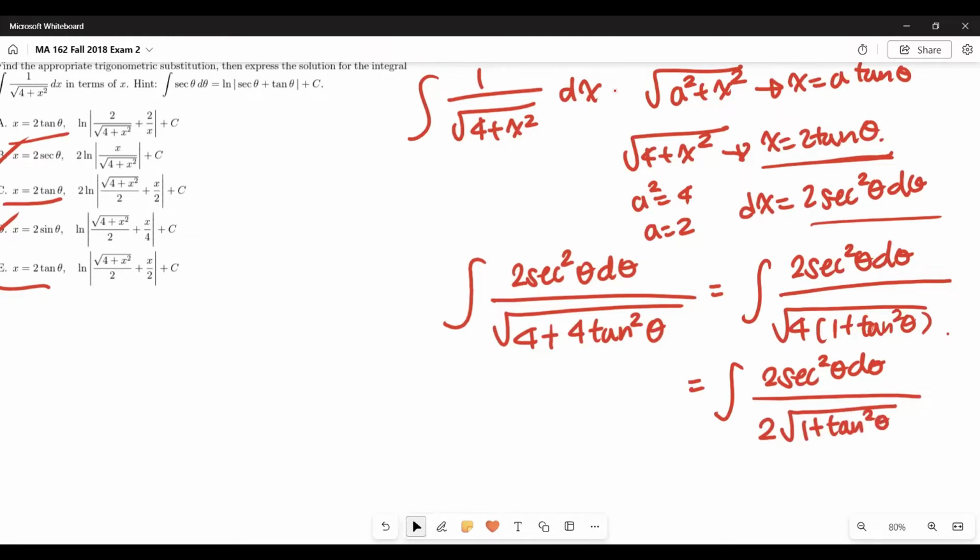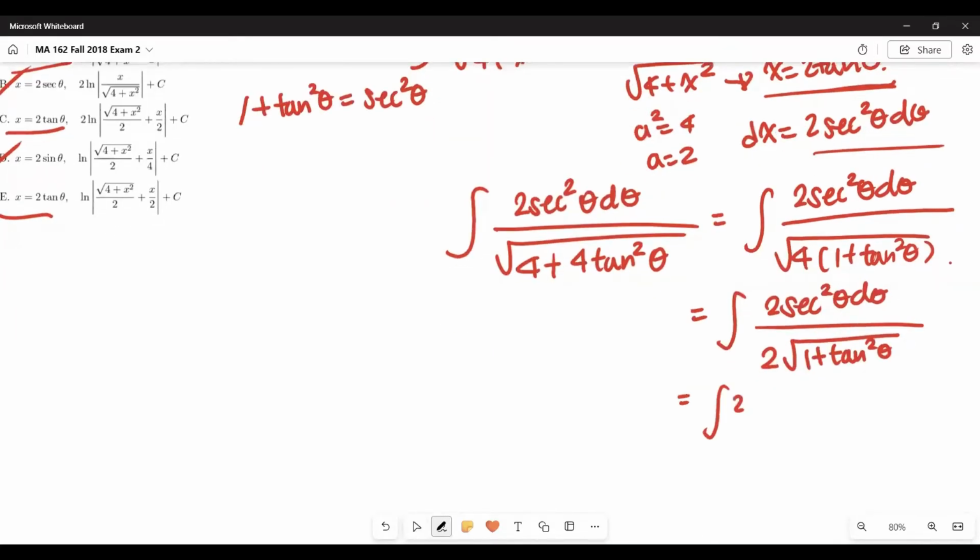And if you remember your trig identities, 1 plus tangent squared theta is the same as secant squared theta. So this just becomes 2 secant squared theta d theta over 2 square root of secant squared theta. Square root and square cancel out, and 2 cancels out. So this becomes secant squared theta over secant theta d theta.